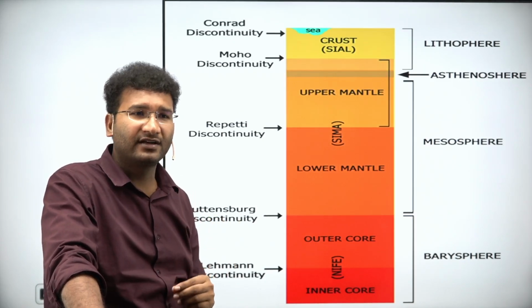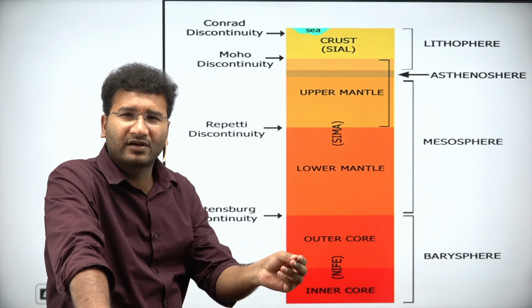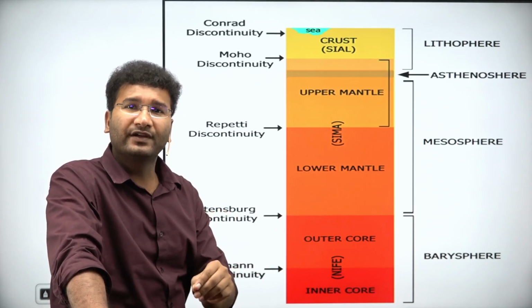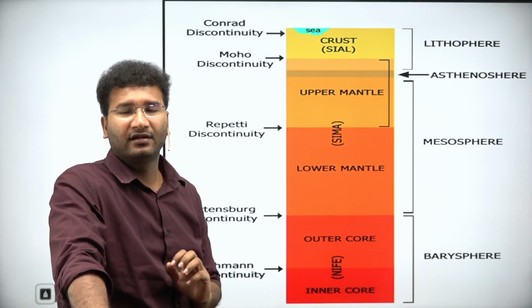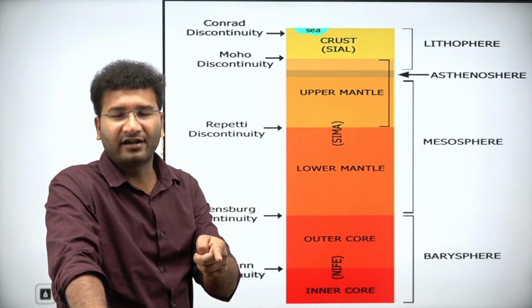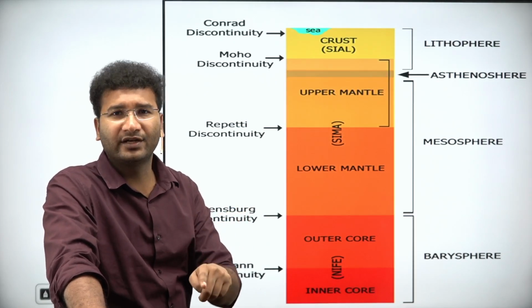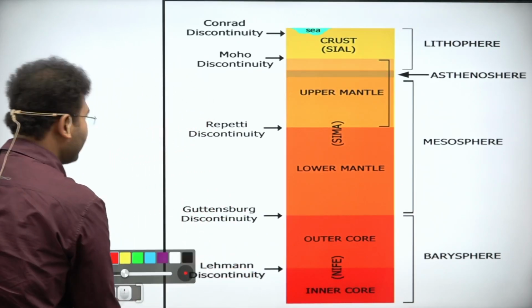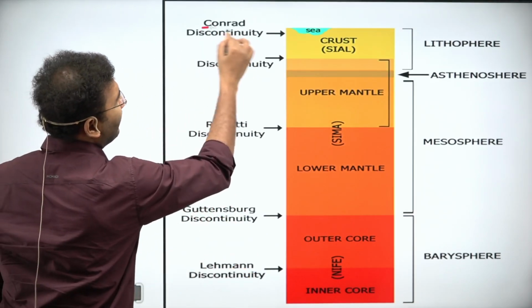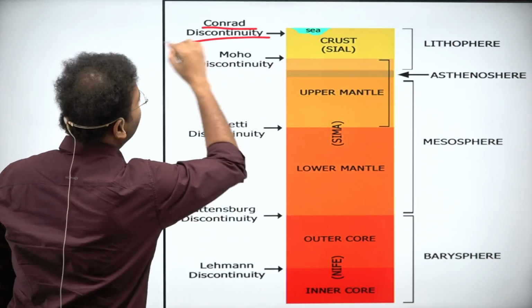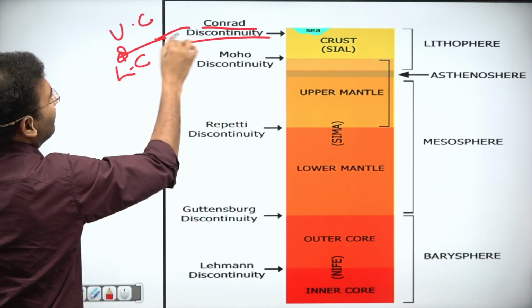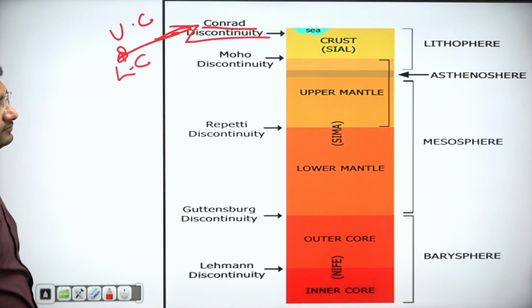He identified that instead of moving at 6 kilometers per second, they were now moving at a greater speed. Now he said that this is not continuous, there is a discontinuity. Discontinuity means there is an increase in the speed, and he said that this discontinuity is between the upper crust and the lower crust. He called this Conrad's discontinuity.